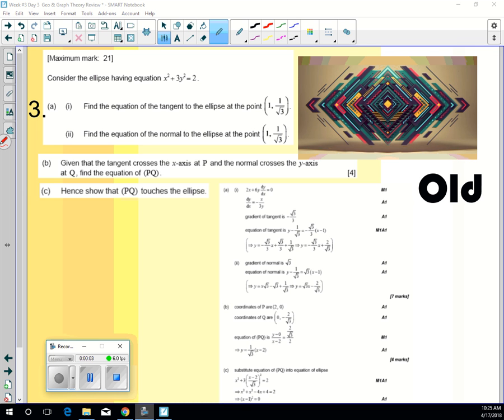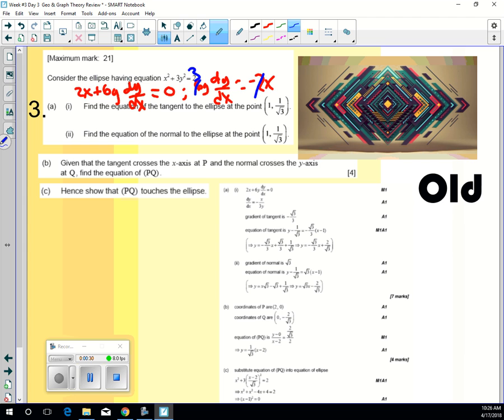For this ellipse equation, x squared plus 3y squared equals 2, the derivative is 2x plus 6y dy/dx equal to, what's the derivative of 2? Can't fool you. So we'll have 6y dy/dx equal to negative 2x.